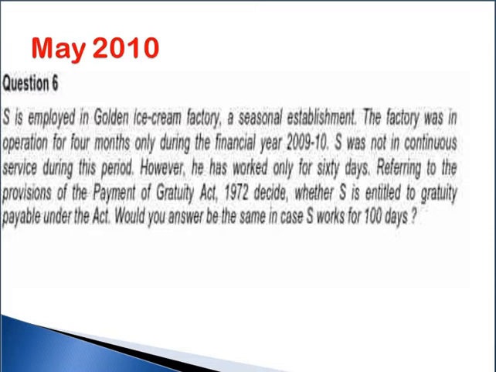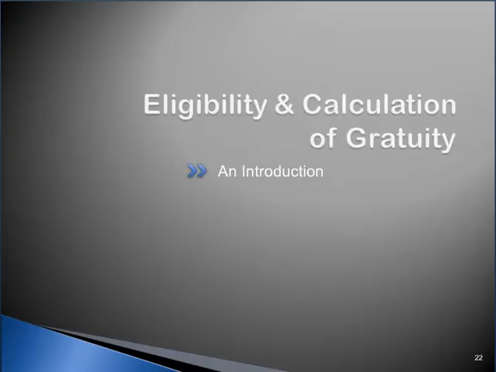Referring to the provisions of the Payment of Gratuity Act 1972, decide whether S is entitled to gratuity payable under the Act. Would your answer be the same in case S works for 100 days? You have two options to look for the answer: the ICAI website or the end of this presentation.